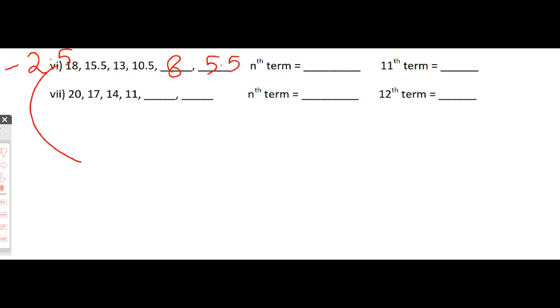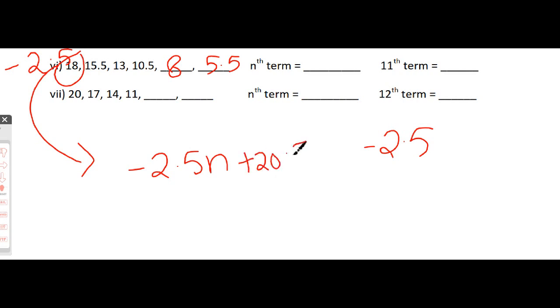So the nth term directly will be minus 2.5n. My first term right now is minus 2.5, because when I substitute n equals 1, I get minus 2.5. But I should get 18 instead. So what do I add to minus 2.5 to get 18? That is 20.5. So plus 20.5.